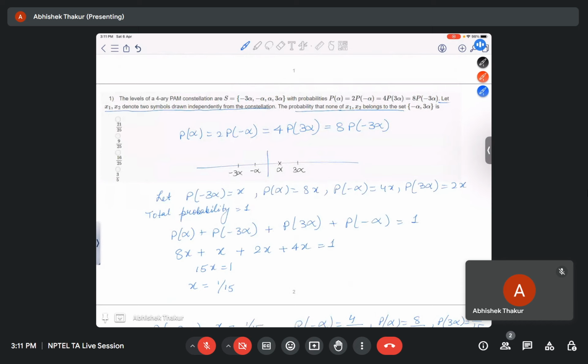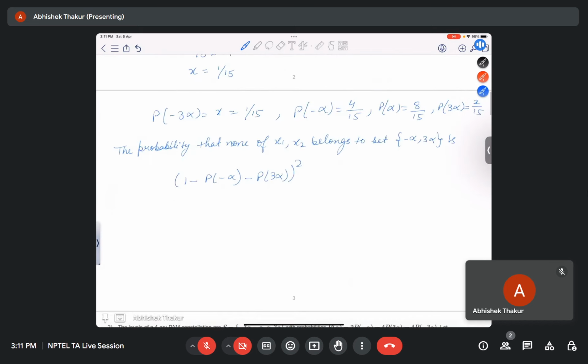because it is drawn twice, like the two symbols have been drawn, x1 comma x2. So it will just become the multiplication of 1 minus probability of minus alpha minus probability of 3 alpha with itself. So this is the square of this.